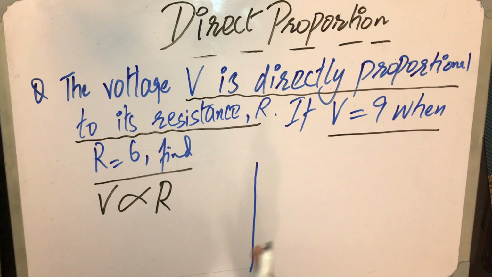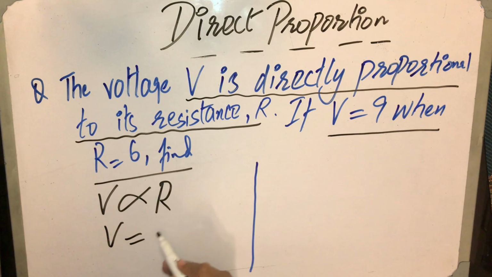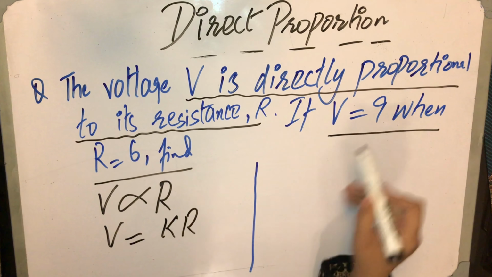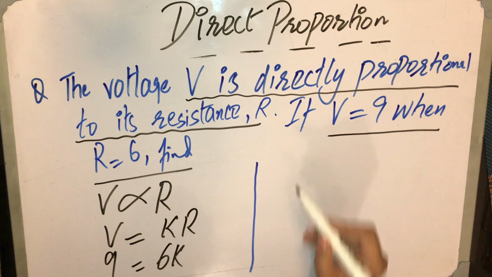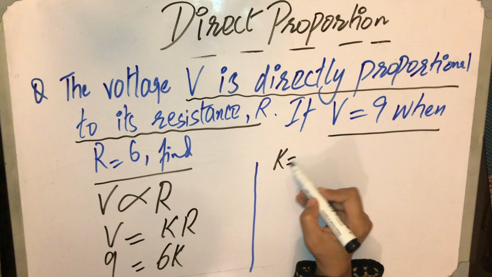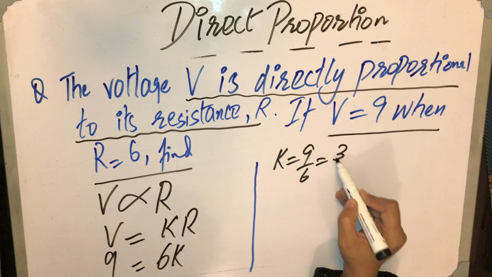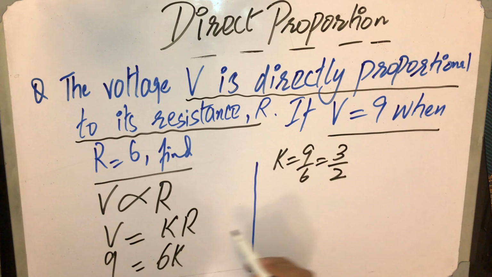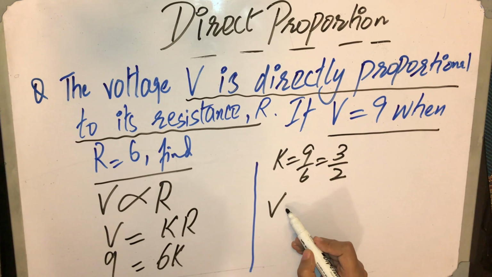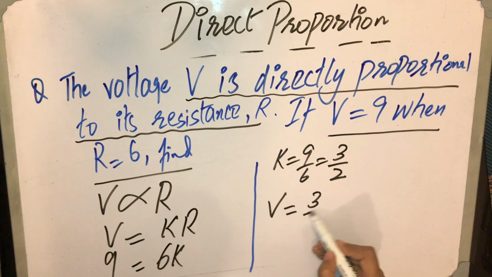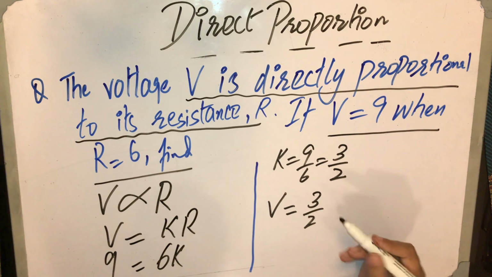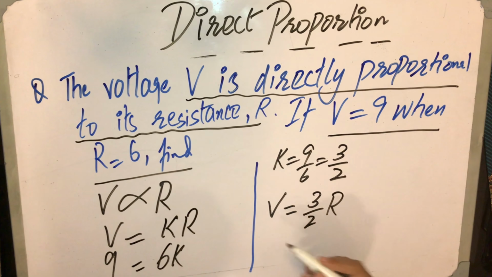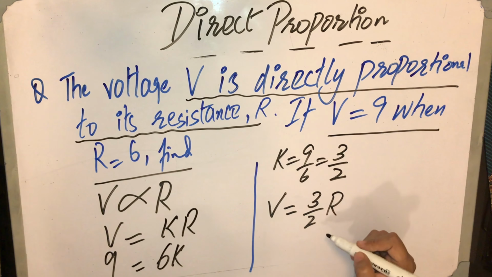R is after the proportionality sign. R will be with the K. V is directly proportional, V equals KR. V is 9 when R is 6, 6K. K will be 9 over 6 or 3 over 2. Now we shall make the relationship. V voltage equals 3 by 2, which is the constant of proportionality, multiplied by R. V equals 3 by 2 R or 3R by 2.